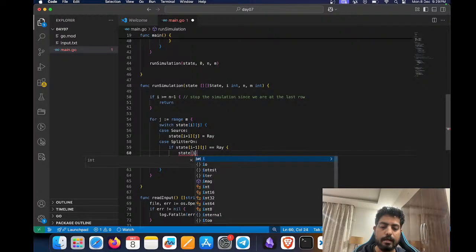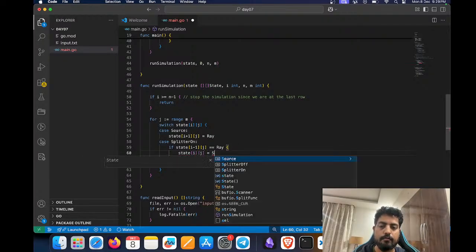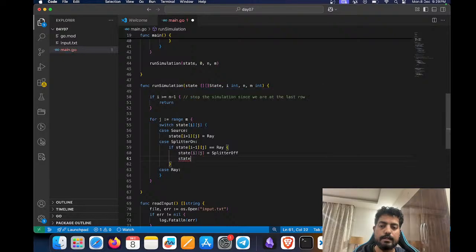So state i j would be splitter off, and state i j minus 1 would be a ray, and similarly j plus 1 has a ray.